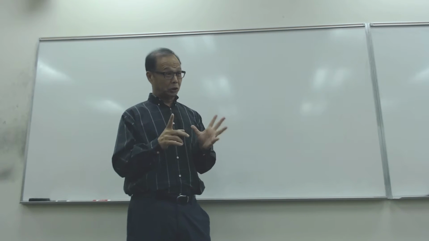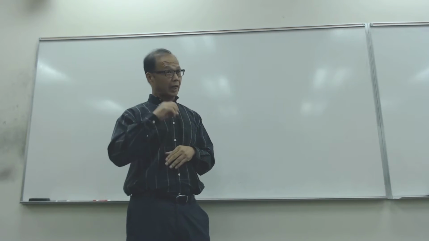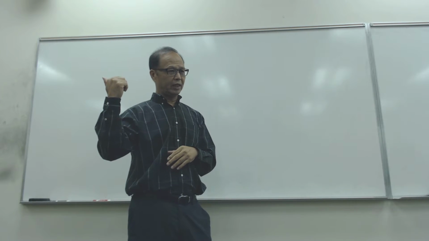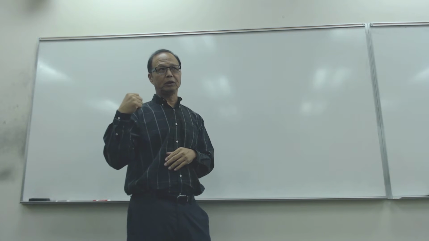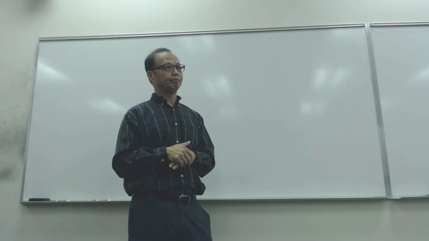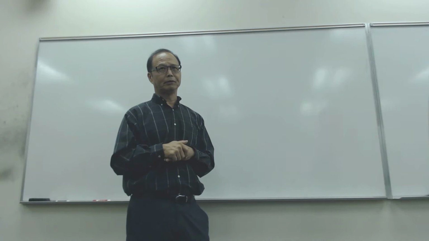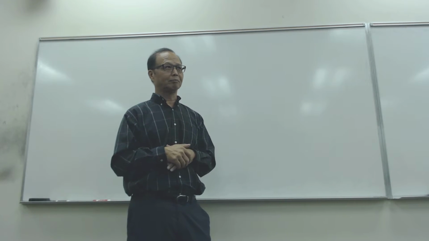So make sure you study the examples, the cascode earlier, and the case K I did last time. I'm going to do one more example today on case K. So I think that's all I can tell you, unless you have any questions.